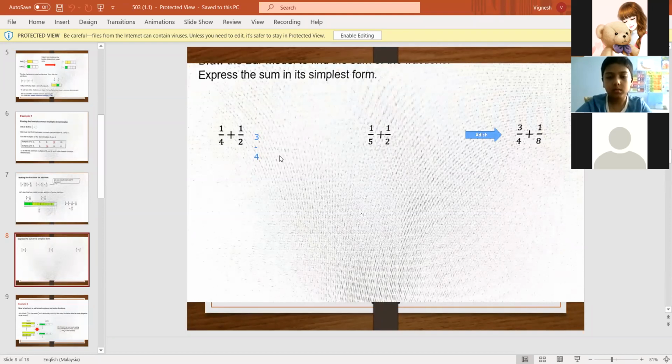Yes, teacher. 1/5 plus 1/2. How to make the denominator equal first?